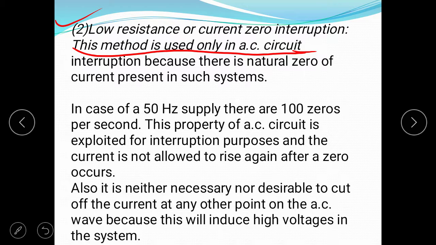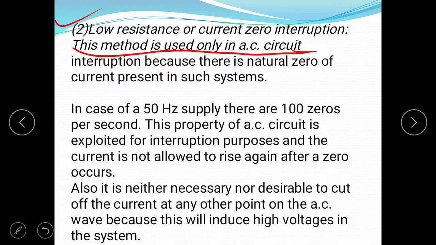The current zero interruption method is only used in AC circuit breakers, because we know that an AC waveform is an alternating waveform which changes with respect to time, and we have to interrupt the circuit at the current zero position, which is possible only in AC circuits, not in DC circuits, because DC is a direct current and there is no alternation, meaning there is no change in current with respect to time. So this method is only used in AC circuit breakers.